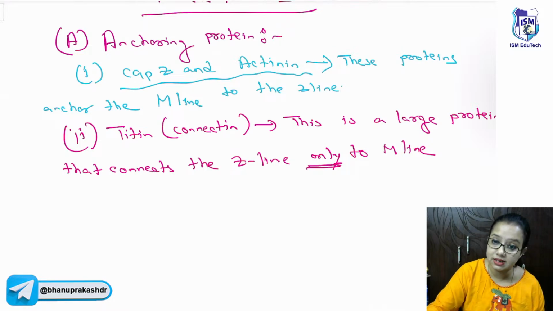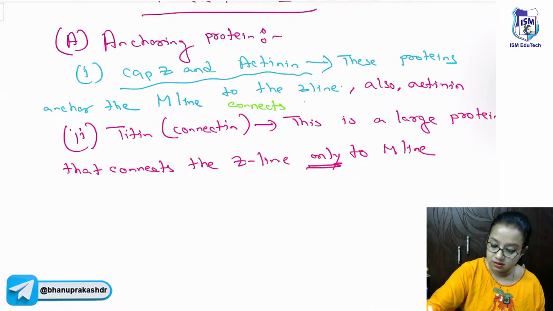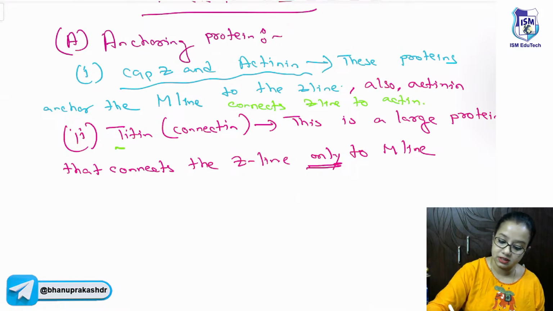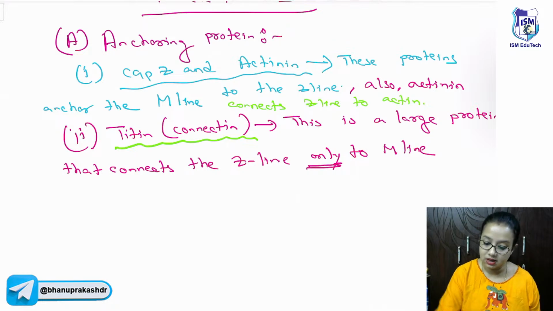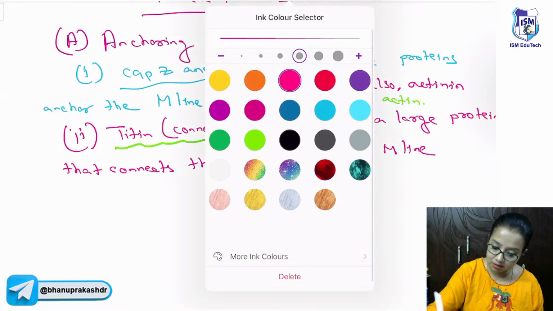In case of actinin, there is an additional function: it connects the M line to the Z line. Apart from that, actinin, that's why the name actinin, also connects the Z line to actin, that is the I band. But in case of titin or connectin, this is a large protein and it connects the Z line only to the M line, unlike the actinin and CapZ.